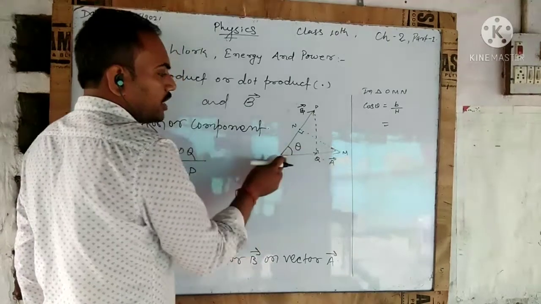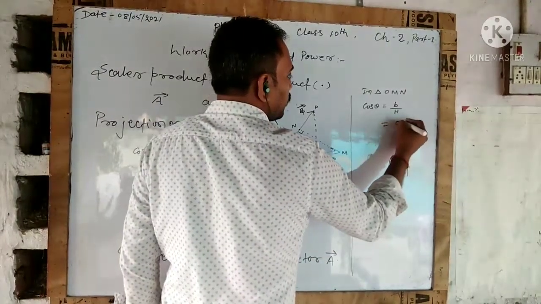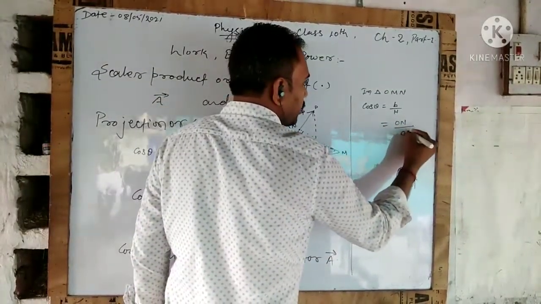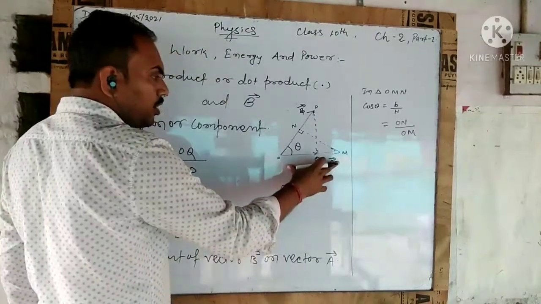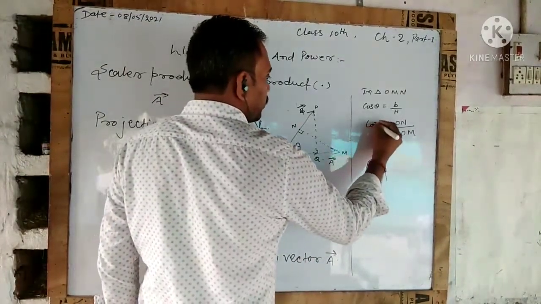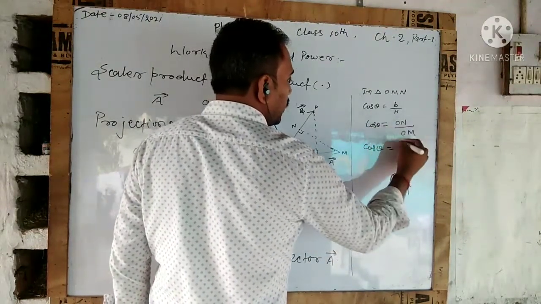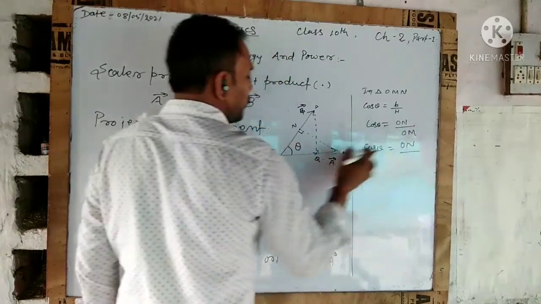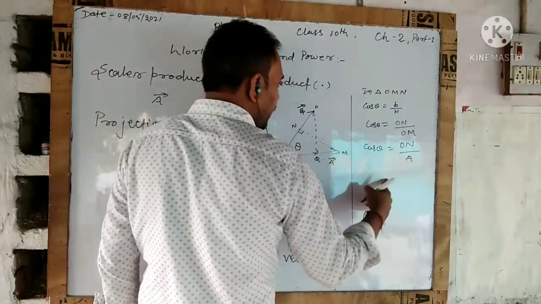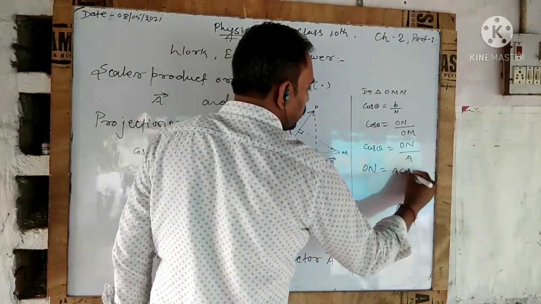So the base will be ON and the hypotenuse will be OM, the magnitude of vector A. So cos theta is equal to ON upon OM. By replacing OM with the magnitude of vector A, ON is equal to A cos theta.